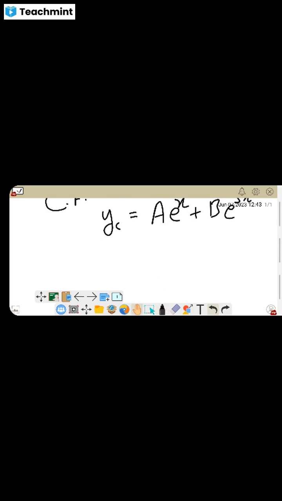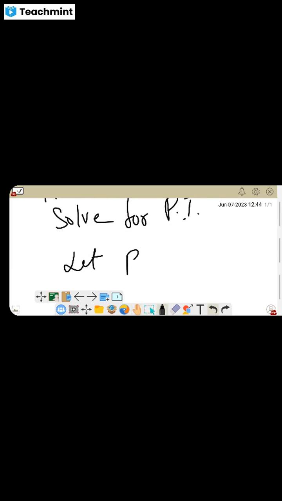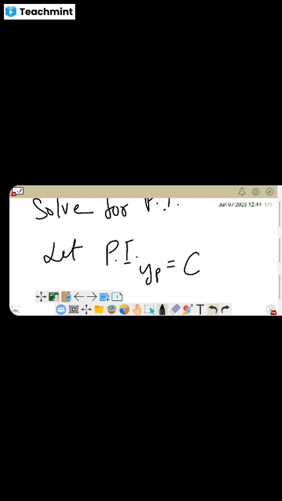Now let us find PI. Let YP is equal to C into e to the power, as we have on the right side of the equation.